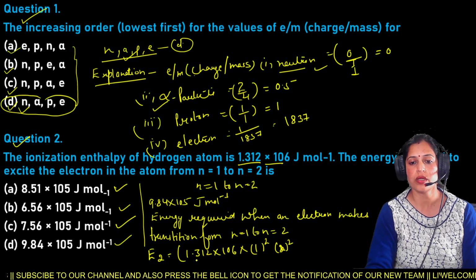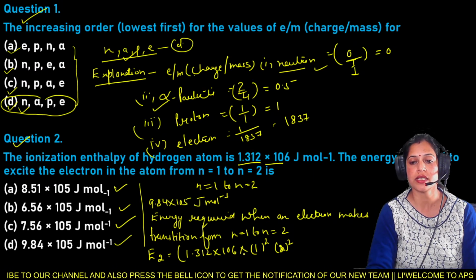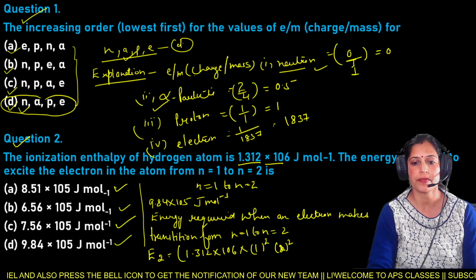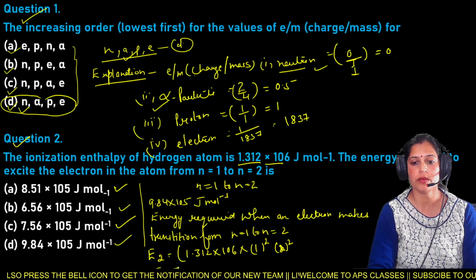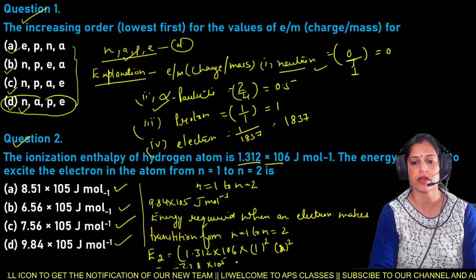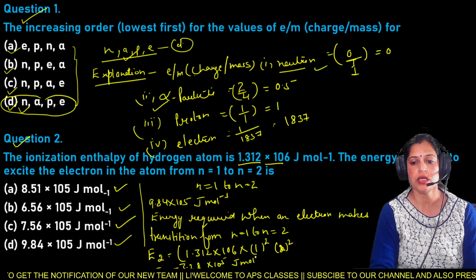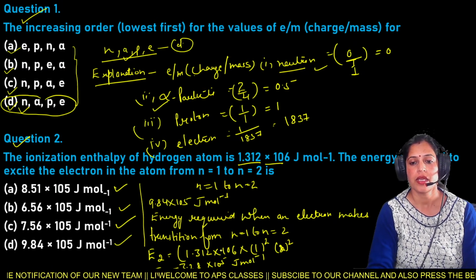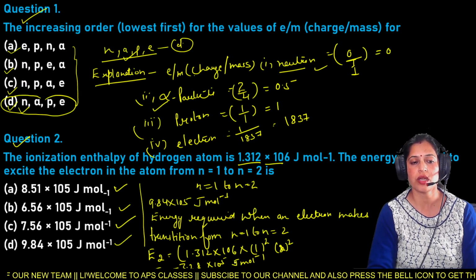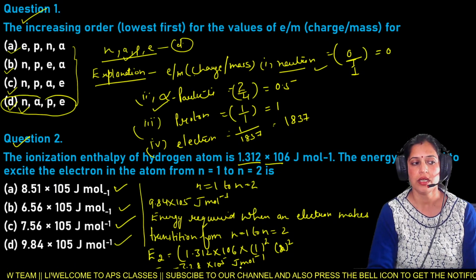Hence the energy comes out to be minus 3.28 into 10 raised to power 5 joule mole inverse.